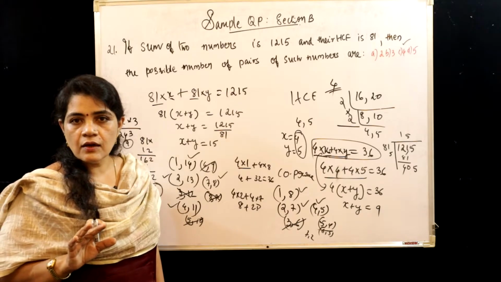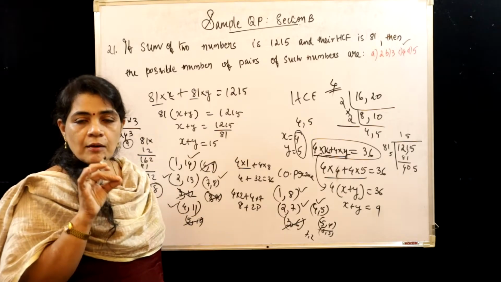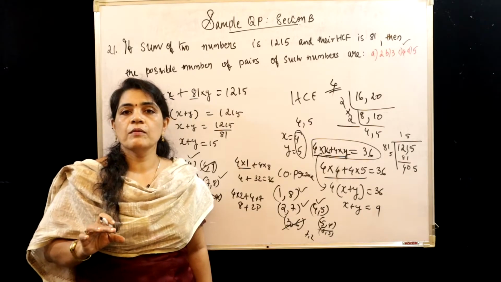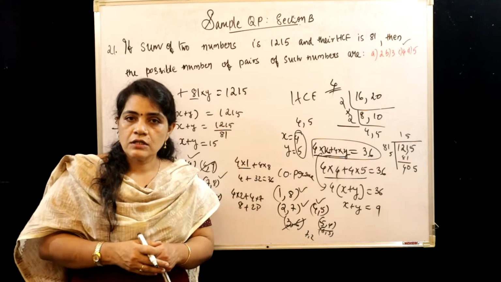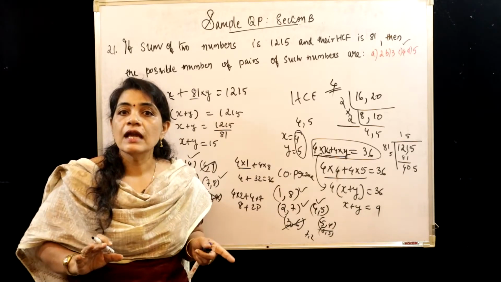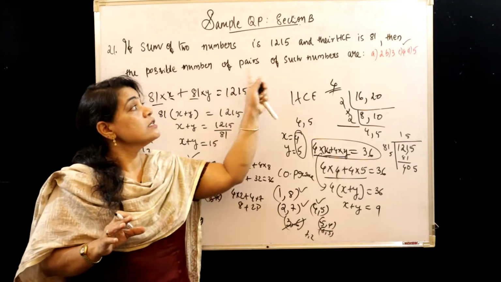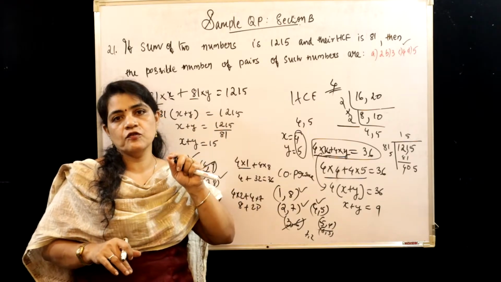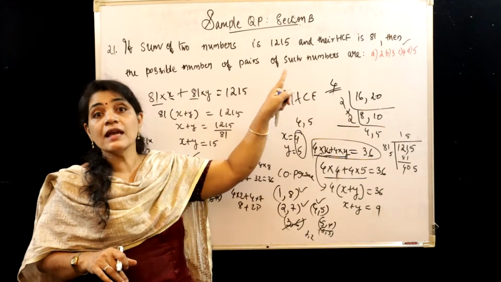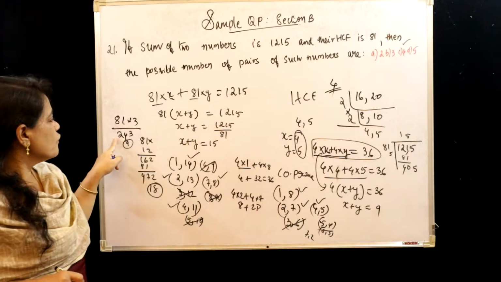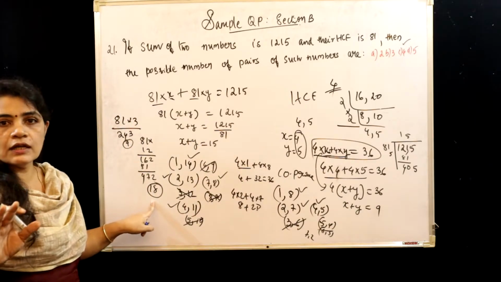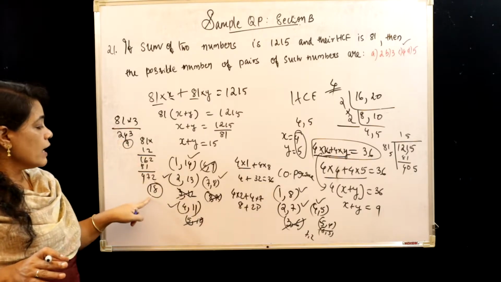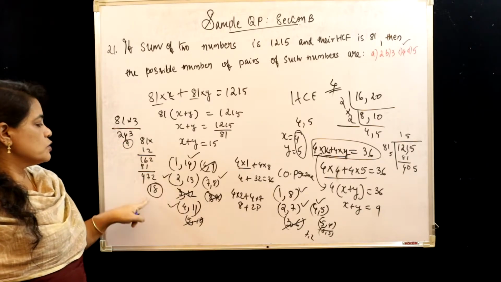It is clear, children? If you are taking a pair which are not co-prime numbers, why? Because their HCF won't be 81. Here the condition should be satisfied. The sum must be 1215 and their HCF must be 81. Here the HCF of these two numbers is not 81, because there is one more common factor between these two numbers.